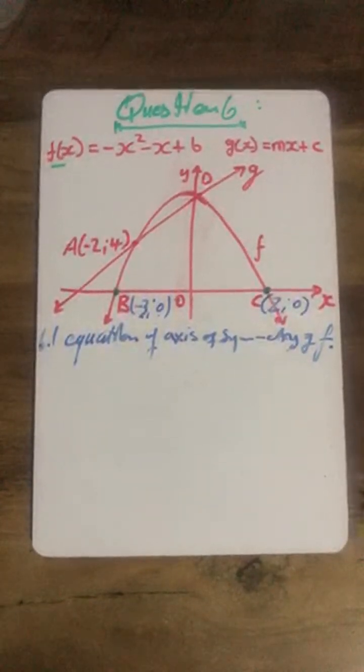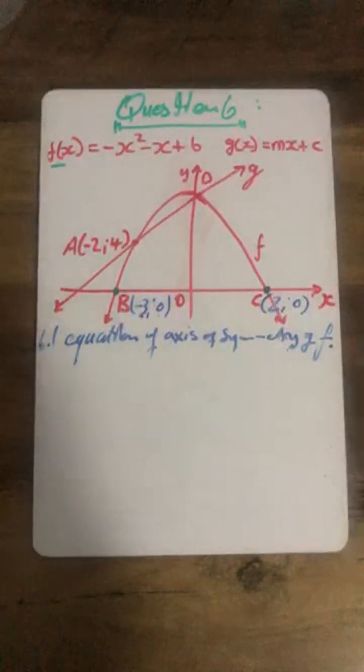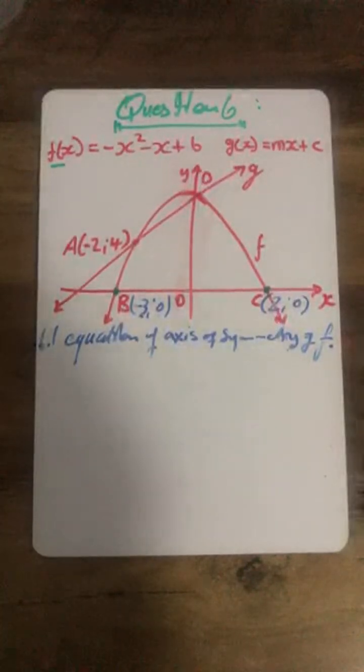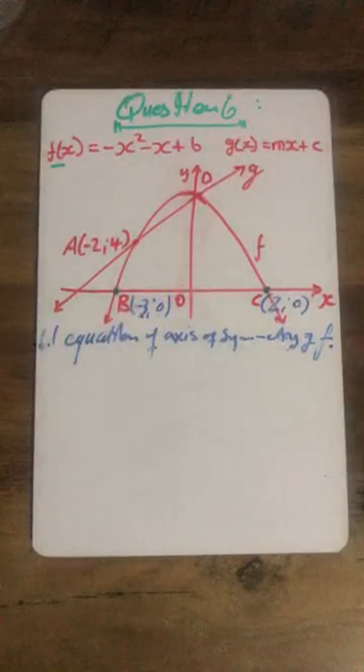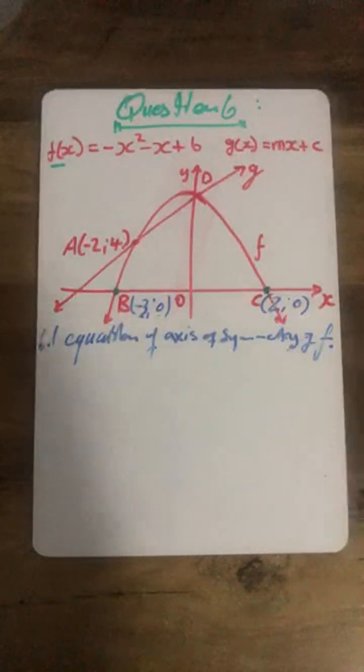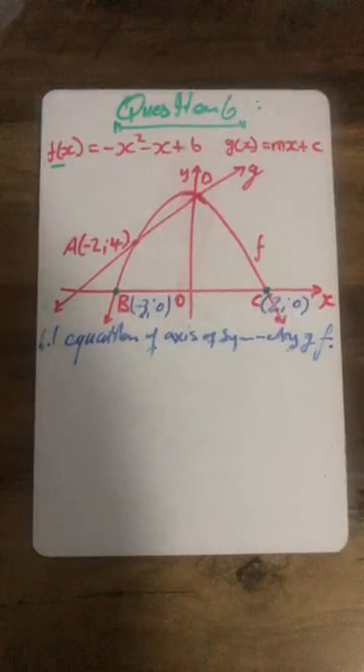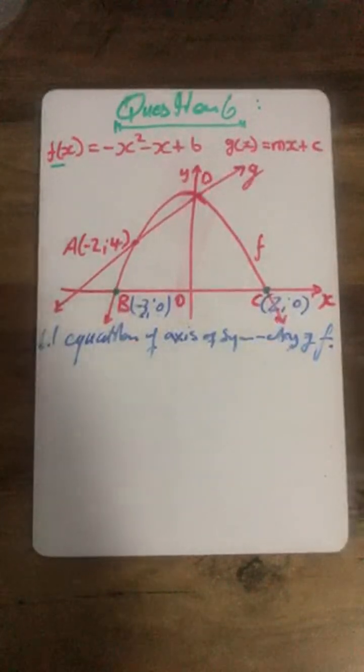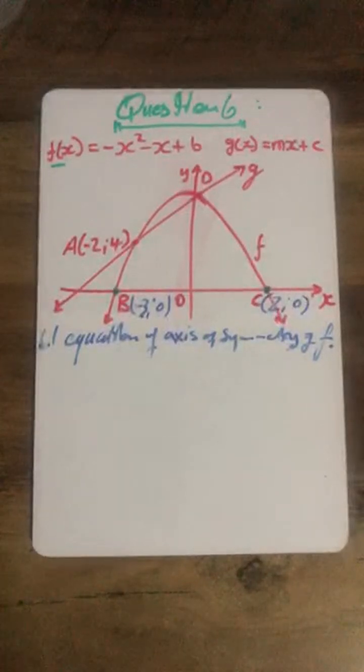Now I've given it to you to work out. Otherwise, if it is difficult or you are unable to work it out, then comment in the comment section so that I'm aware that you are not able to work it out.